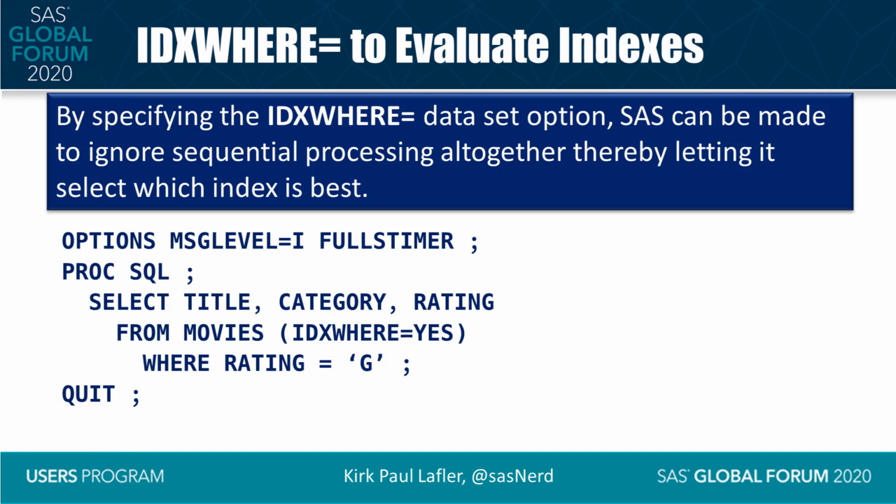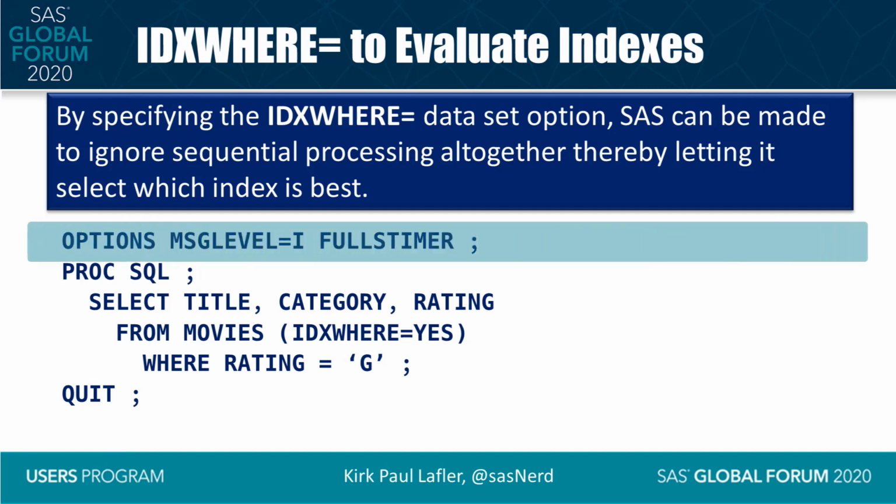So we're also going to request timing statistics, CPU, I/O, and the amount of memory, by specifying on our options statement MSGLEVEL equals I. That will give us information about which index was chosen by the optimizer, assuming one or more exist, and FULLSTIMER, which gives us a complete listing of performance statistics, resource statistics, and things like this that will be displayed on the SAS log.